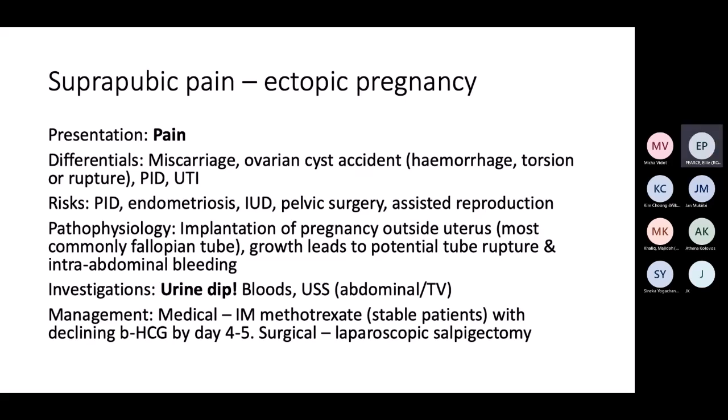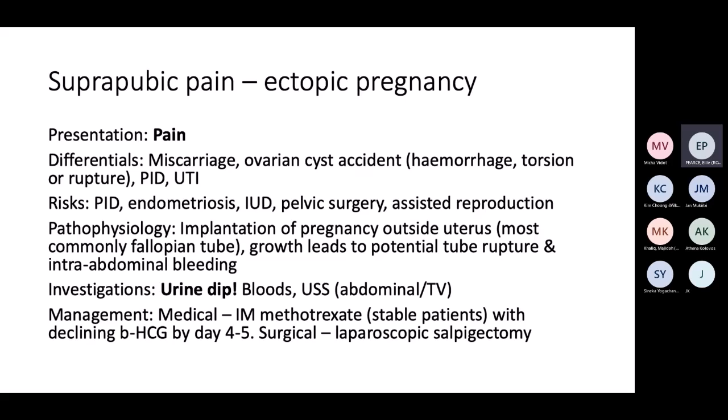Risks for ectopic pregnancy include previously having pelvic inflammatory disease, endometriosis, having an IUD as a form of contraception, which very rarely fails, but when it does, people are at higher risk of ectopic pregnancy.